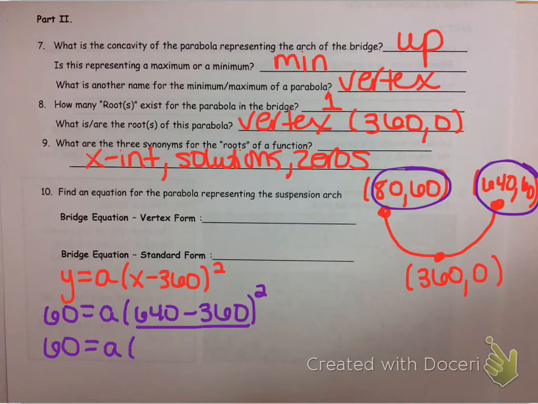And that's why the calculator comes in handy. 78,400. You can see it's going to be an obnoxious, horrible fraction. So a ends up being equal to 60 over 78,400, which, once again, you want to rely on your calculator to reduce that for you.